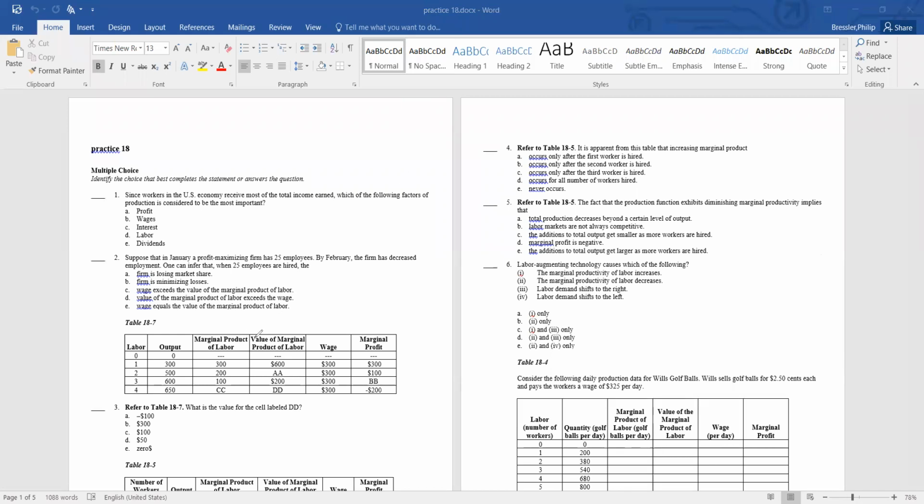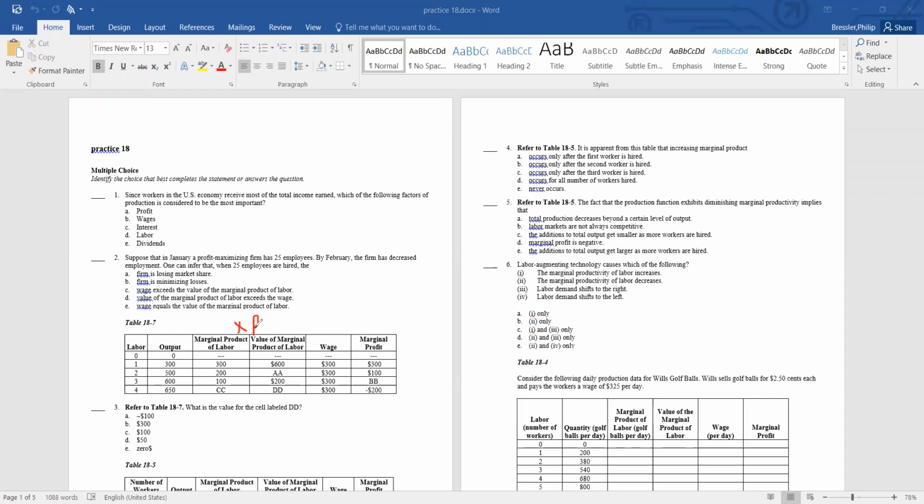Now, the marginal product of labor times price equals the value of marginal product of labor, or MRP, whichever that would be. So if I'm looking at the first one, there's 300 times X equals 600. So the price is 2.